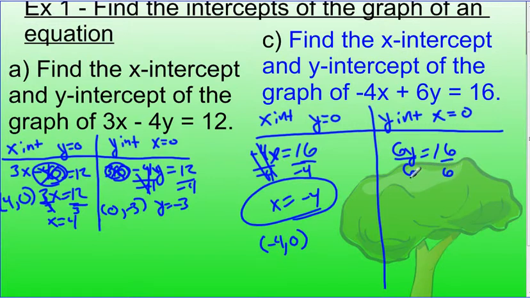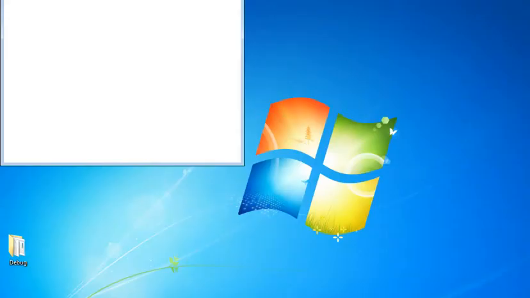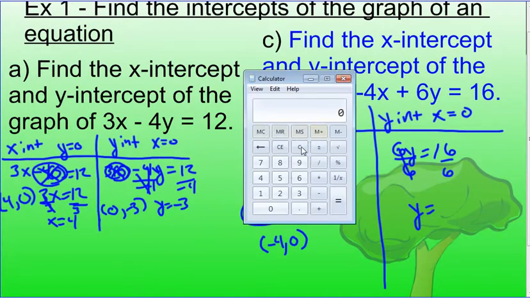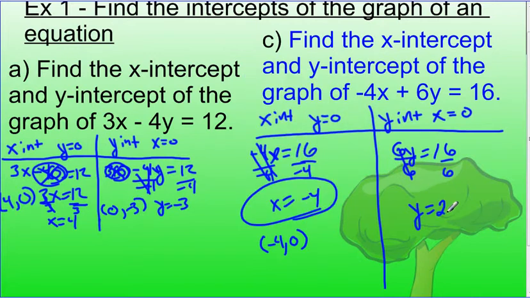Divide by 6, these cancel out. y equals 16 divided by 6, which is about 2.6, and that'd be it. Oh, we can put down a point. The x value would be 0, and the y value is 2.6.